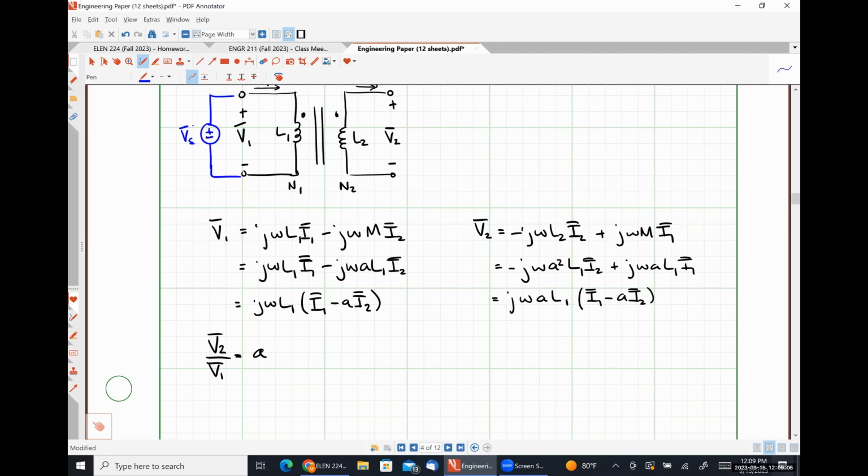So I've thrown a source voltage over here. Our voltage source is supplying some amount of complex power to the primary winding of our transformer, and supplying it to our load.